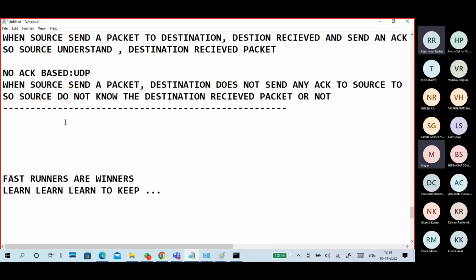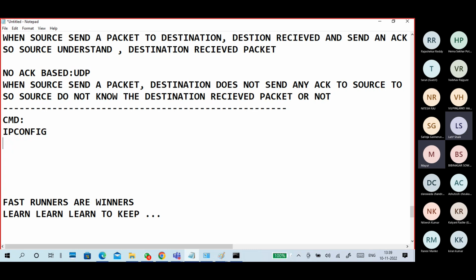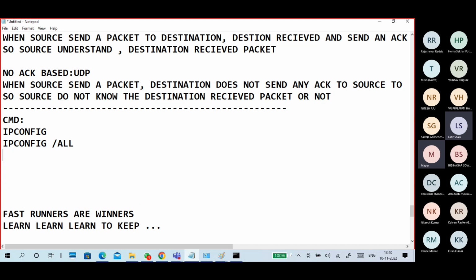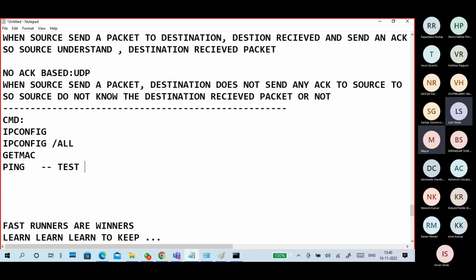Sir, please share the notepad. I will share it. Just for last, ipconfig /all, how to check the MAC address? Getmac. Ping is a command. What is the use of the ping command? To test the connection between two devices.